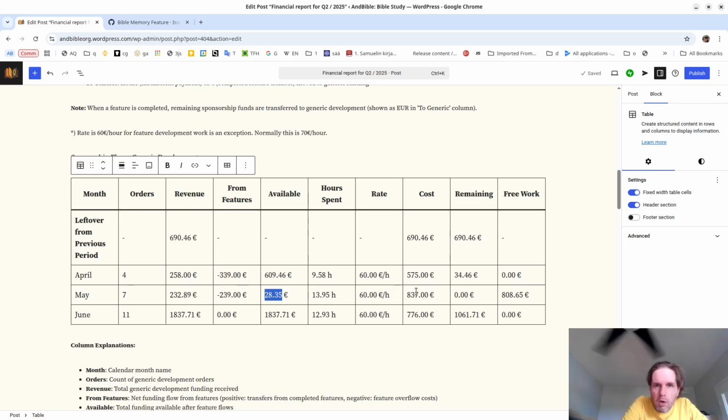So almost all of the cost for generic development is actually free work, and that has always been my way of doing this.